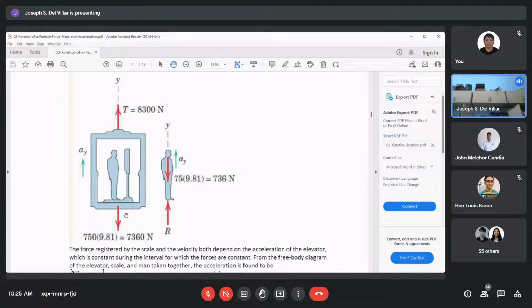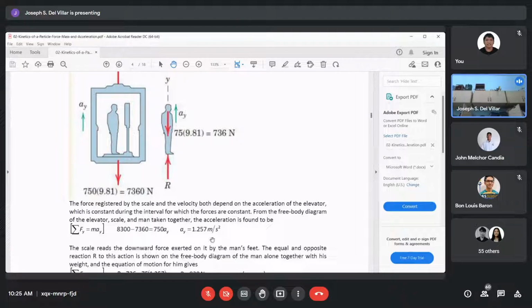Mass ng man, elevator, tsaka scale. Okay? So when considering the totality of the free body diagram, we need that in order to get the acceleration AY.